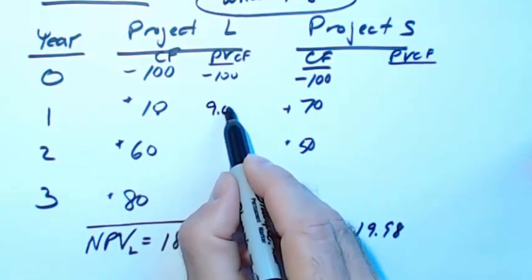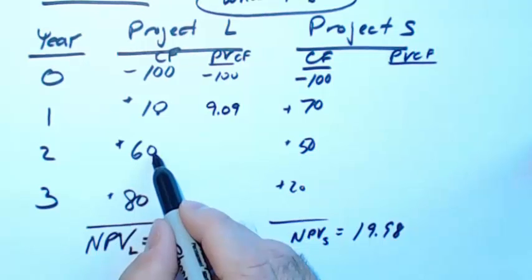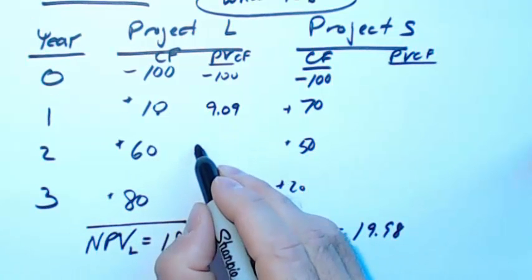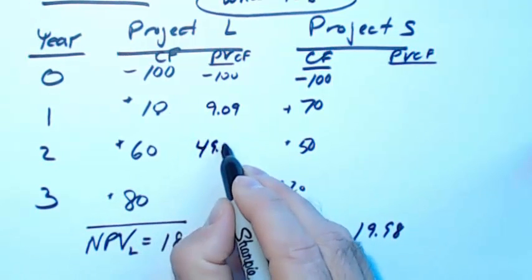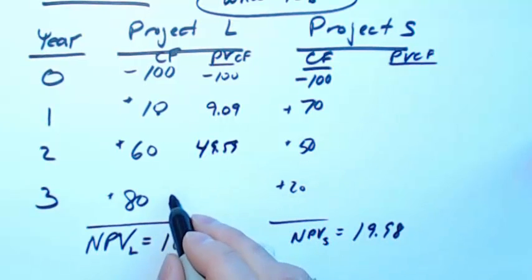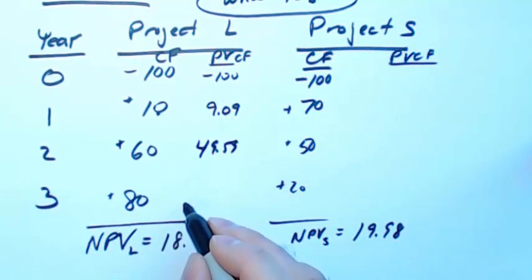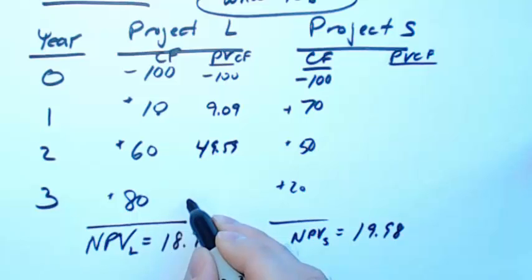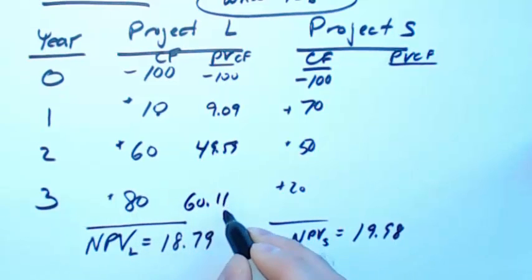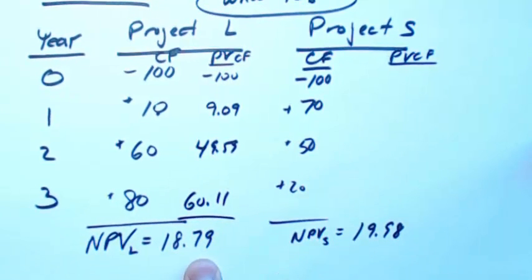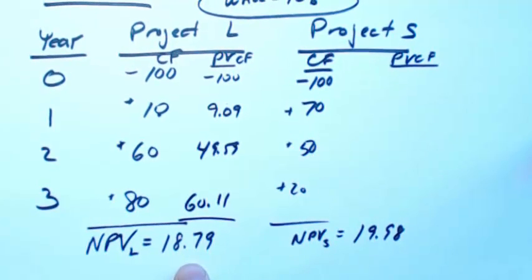This comes out to be $9.09 for a present value. Discount the $60 back, 10% for 2 years, $49.59, and then discount this back at 10% for 3 years, and that's $60.11. Add that up, and you get the net present value. I'll recalculate that on a calculator in a second.